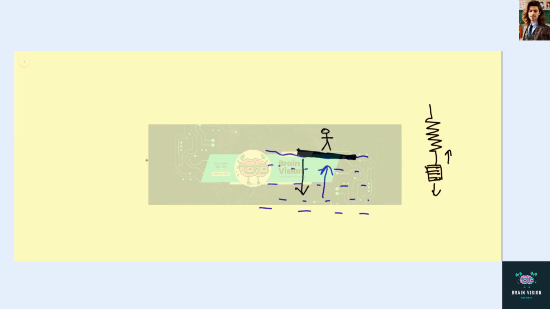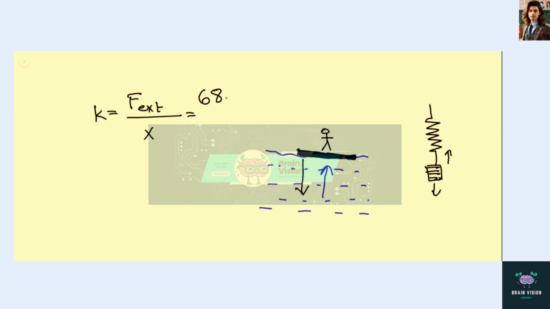So with the spring constant, we can calculate that as the external force being exerted by the man on the raft divided by x, that's the displacement. So using the given information, we know that the external force will be m times g.